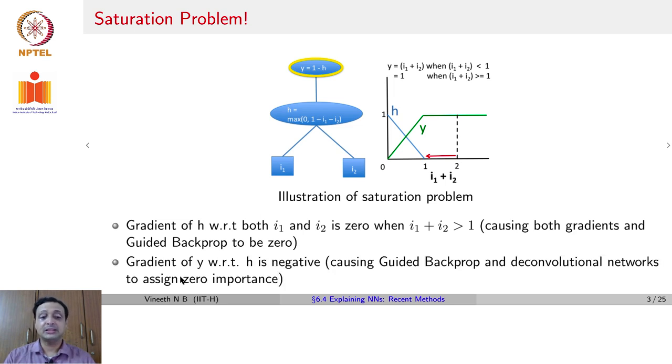The second part is that the gradient of y with respect to h is negative. Clearly you can see that as h goes down, y goes up, which means the gradient of y with respect to h is negative.